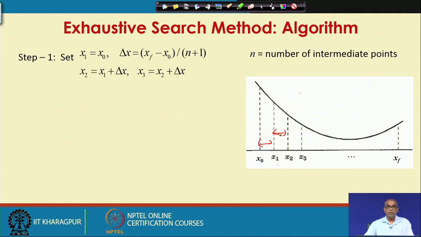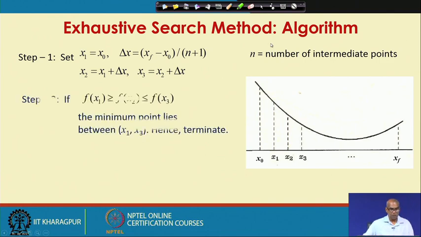So, I have set x1 equal to x0. So, x2 can be computed as x1 plus delta x. Similarly, x3 can be computed as x2 plus delta x.